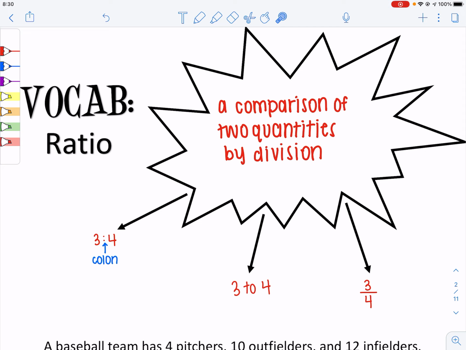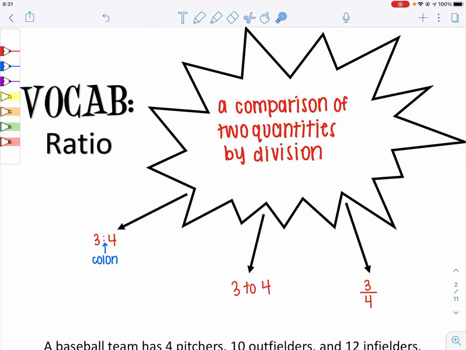However I ask you to write it, just write it that way. The biggest thing is that if you are writing them any of these three ways, you always want to make sure your answer is all the way simplified. And if it's an improper fraction, go ahead and leave it as an improper fraction. You don't have to turn it into a mixed number. If it's 4/3, you would just leave it as 4/3.